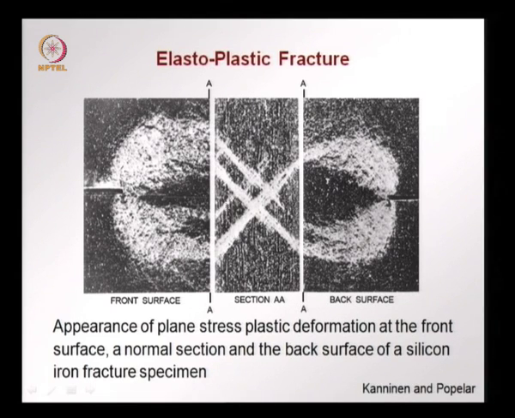Now, if we were to take a section across, we will see that on the edges we have a large plastic zone corresponding to the regions of plane stress, but in the interior, due to the confinement, due to the constraint, we have a smaller region of yielding because of plane strain conditions.